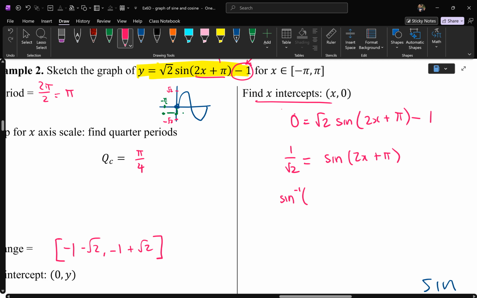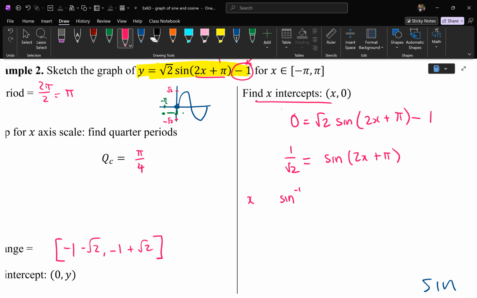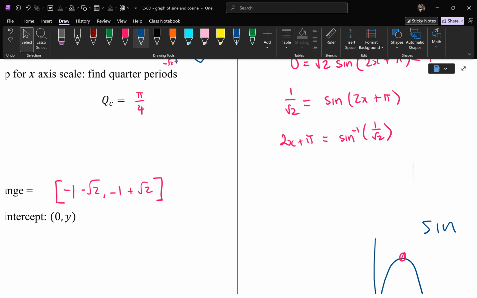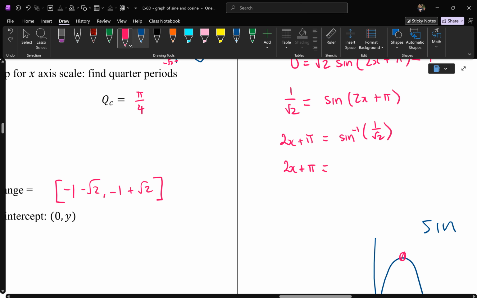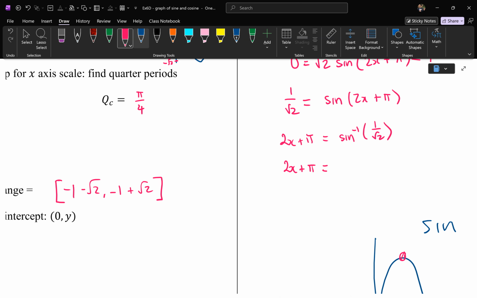Sine inverse: 2x plus pi equals the sine inverse of 1 on root 2. 2x plus pi is equal to, 1 on root 2 is pi on 4. So you got pi on 4 and 3 pi on 4.